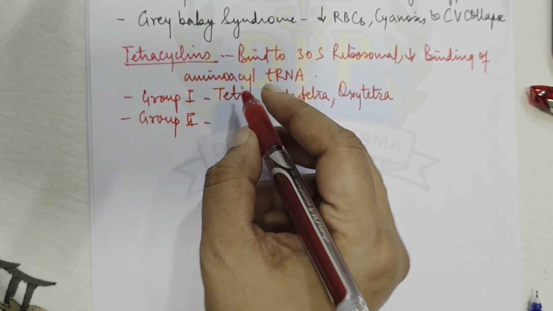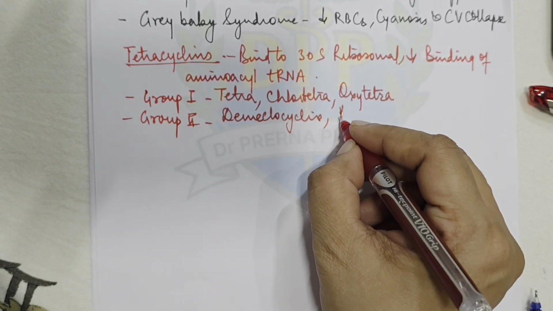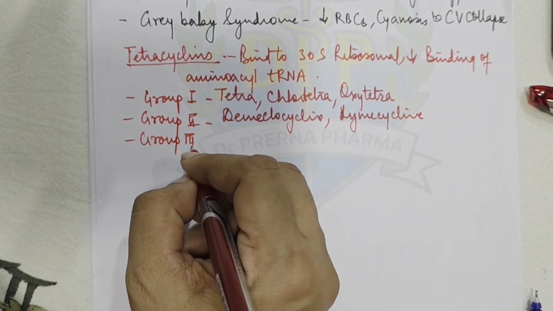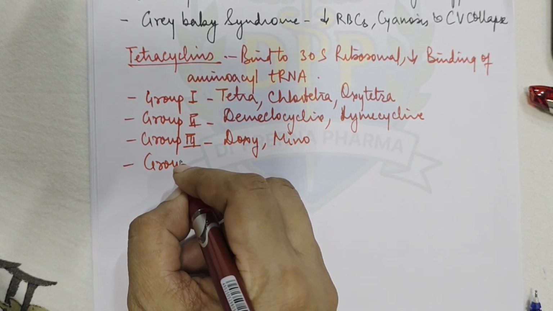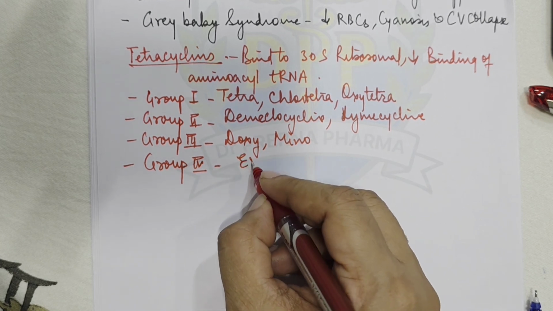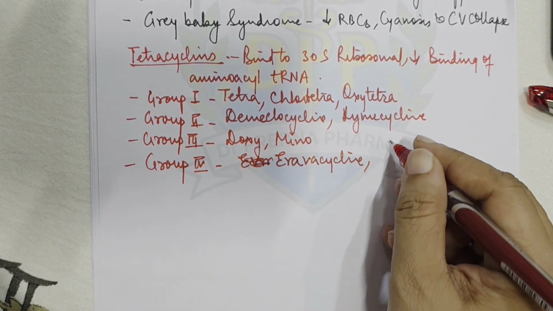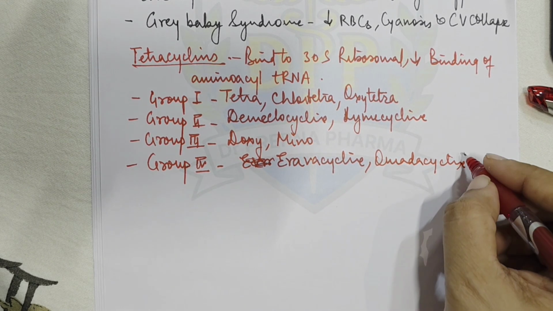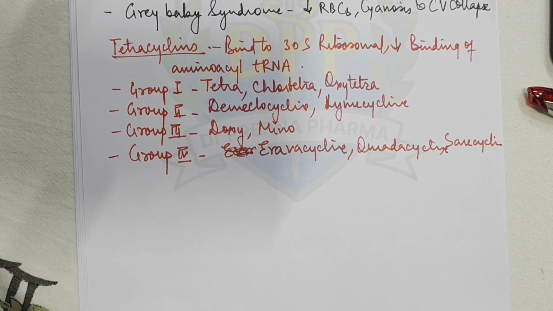Then group 2, which consists of demeclocycline and lymecycline. Then group 3, which consists of doxycycline, minocycline. Then group 4, which consists of eravacycline and omadacycline and sarecycline, right? So these are the various tetracyclines that we have.